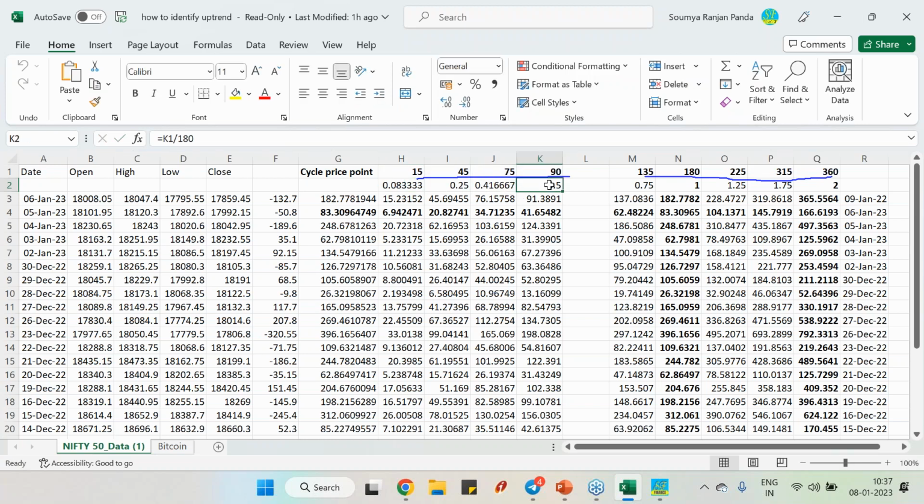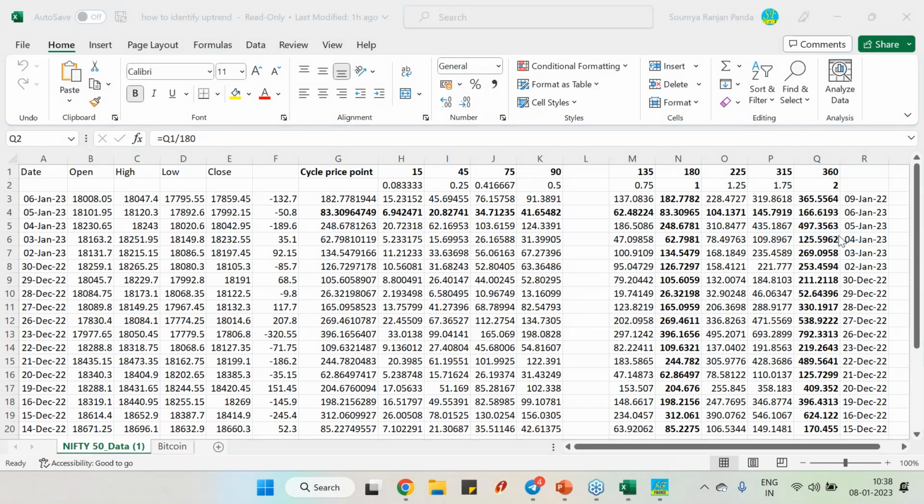So all these decimals you are seeing, 0.0833, 0.25, 0.41, 0.5, are the degree factors of 15, 45, 75, 90. Beyond that, 135 degree to 360, it will come 0.75, 1, 1.25, 1.75 and 2.